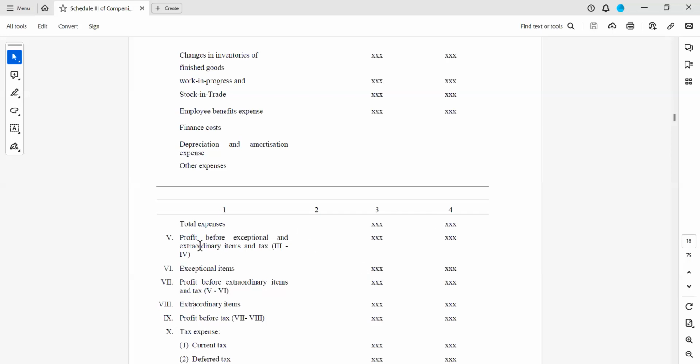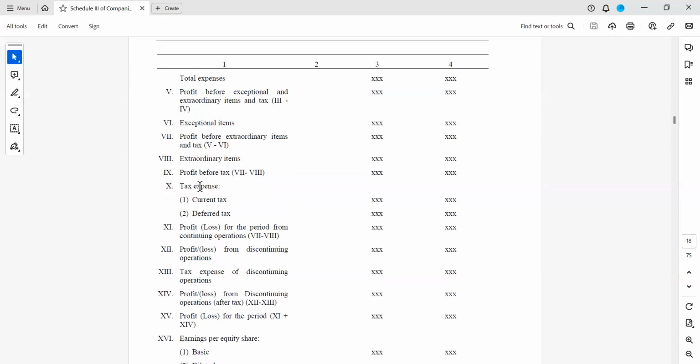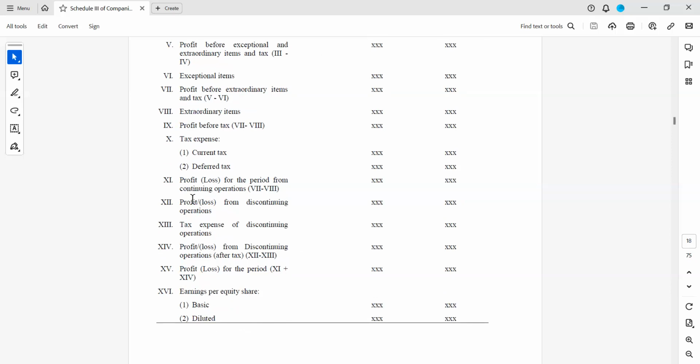So profit before exceptional and extraordinary items. Next, exceptional items, profit before extraordinary items and tax, extraordinary items. Then profit before tax. Then tax expense: current tax, deferred tax, profit for the period from continuing operations. I have just read the format because there is not much to explain there.